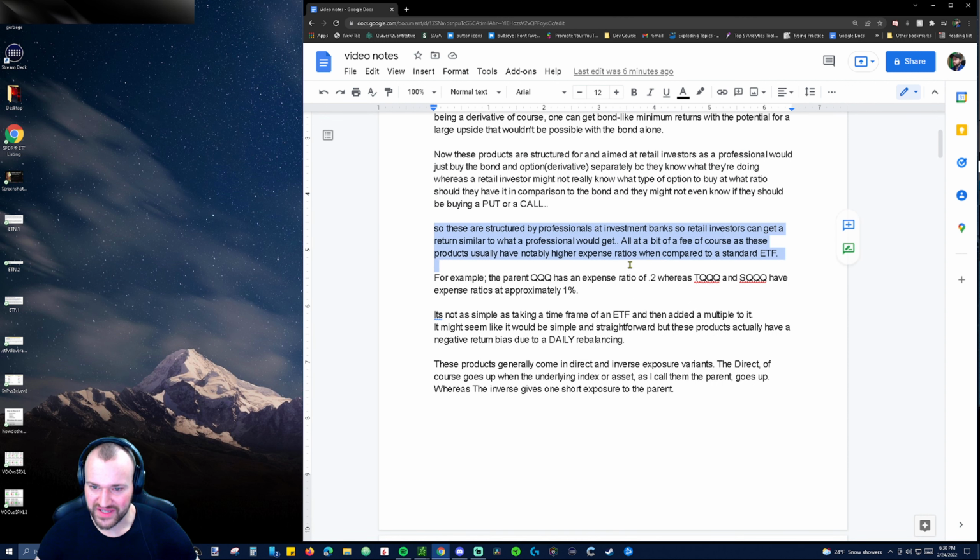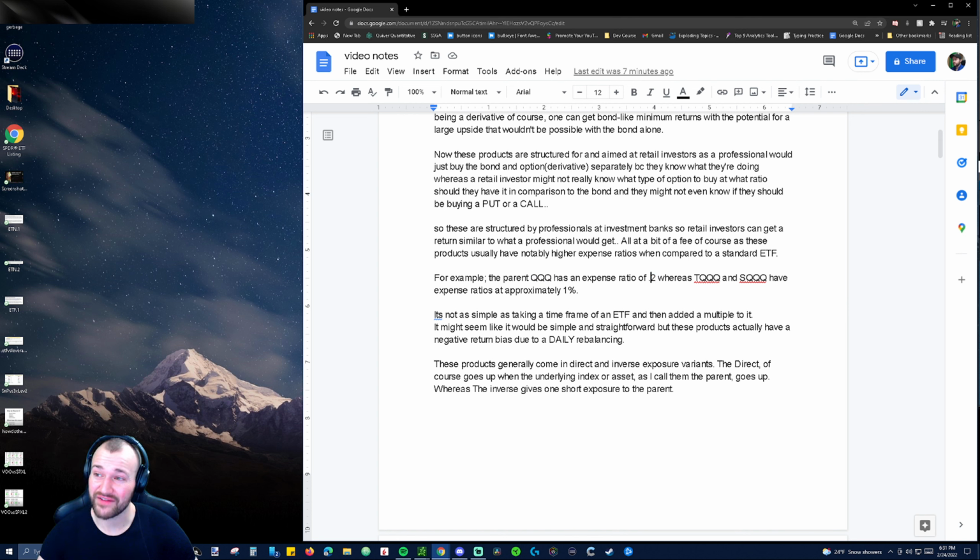So back to my notes here before I ramble for too long. As I already said, they're structured by professionals at investment banks, and they have notably higher expense ratios. Like VOO, the Vanguard S&P 500 fund, has an expense ratio of 0.03. QQQ Invesco has a higher expense ratio of 0.2.